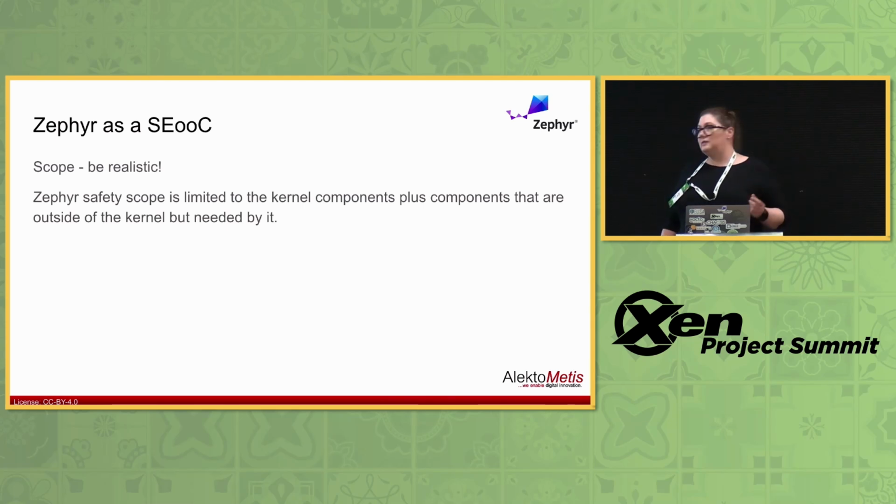So what we're doing in Zephyr for this: the scope. I have not put anything about the scope because we're still sometimes discussing, is this really our scope? So scope is an important thing. For Zephyr it boils down to a realistic set: the kernel components and everything really needed to have the kernel running.